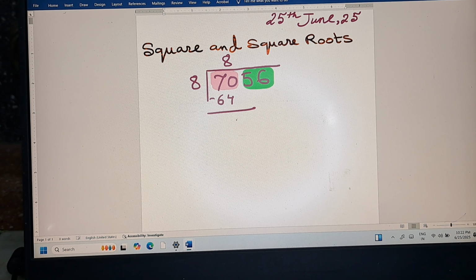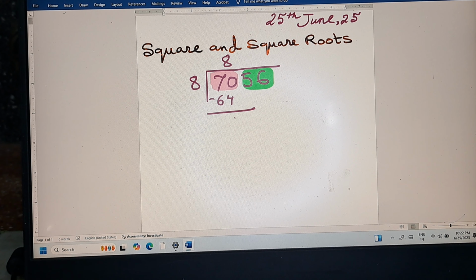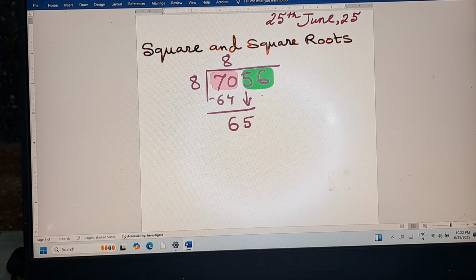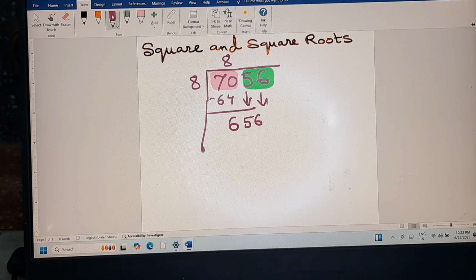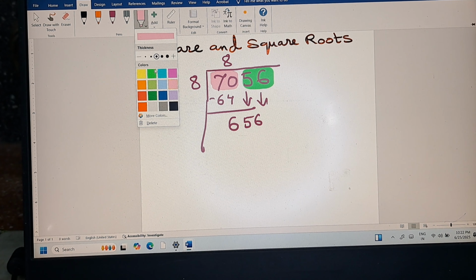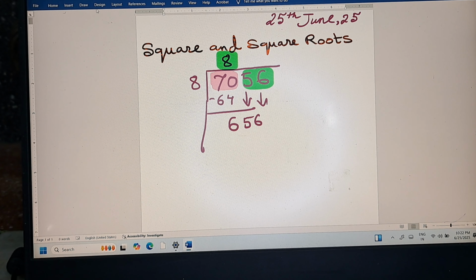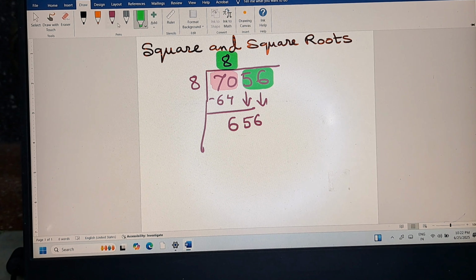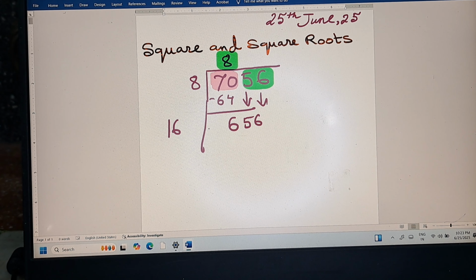So what is the remainder over here? 70 minus 64 is 6. Now these two digits, that is 5 and 6, 56, will come down. And the number on top which we have written, that is 8, we need to double. So when I am doubling 8, you have to write over here 16.